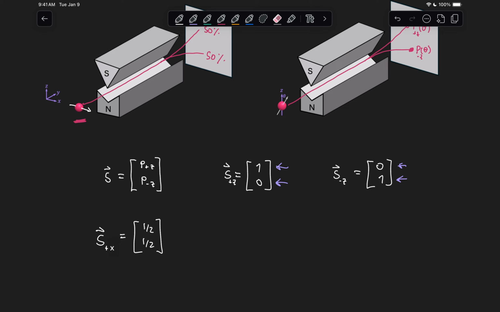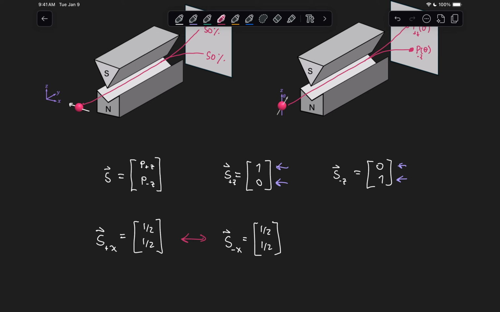Now, the issue with doing this is that if we were now to perform an experiment where the electron has a spin pointing in the minus x direction, we will also observe that the probability of it deflecting upwards or downwards is 50% each. So the vector representing that particular electron would also be of the form (1/2, 1/2), which says that these two electron spins are virtually indistinguishable from each other.